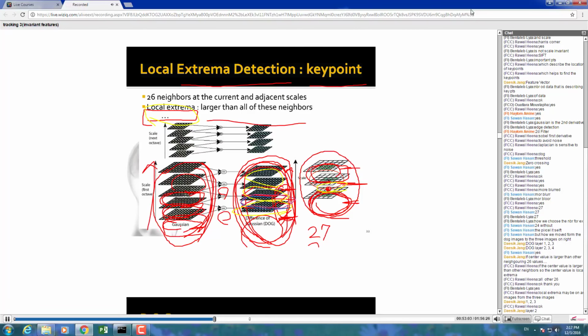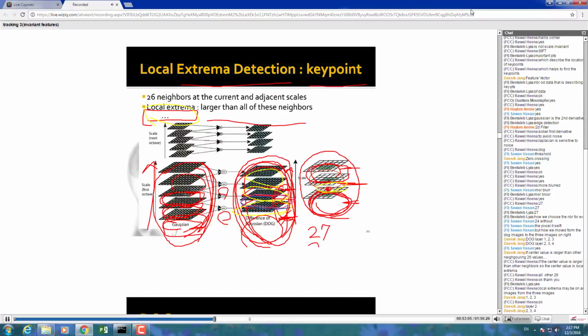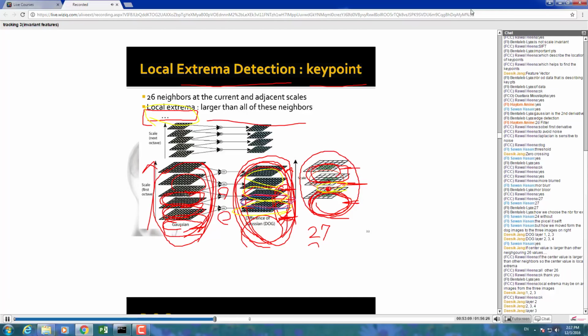Once it's done, we move up and calculate using layers 2, 3, and 4. Then layer 3 is becoming the center, the middle, right? And then we are scanning layer 3 and extracting local extrema again. So this concept is very important.